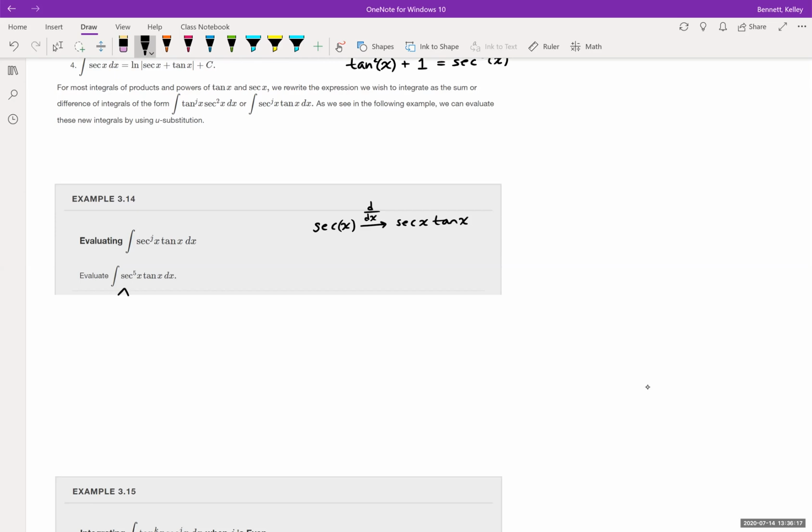So what happens here is that this becomes secant to the 4th times secant. And that's nice because if I rewrite this, I can now let u equal secant, so that du equals secant tangent, which I already have.